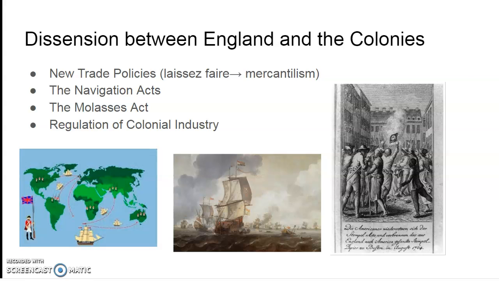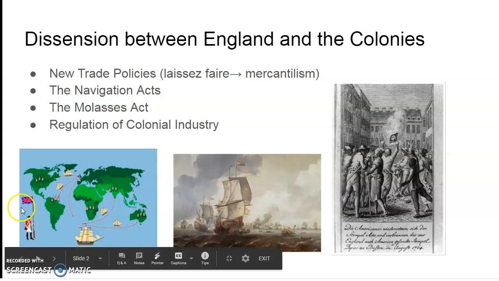And all three of these acts were designed to limit the profit that colonists would make versus how much money the British government would make. So these acts are designed to prohibit the colonists from making a lot of money, which of course again is going to be frustrating to them.